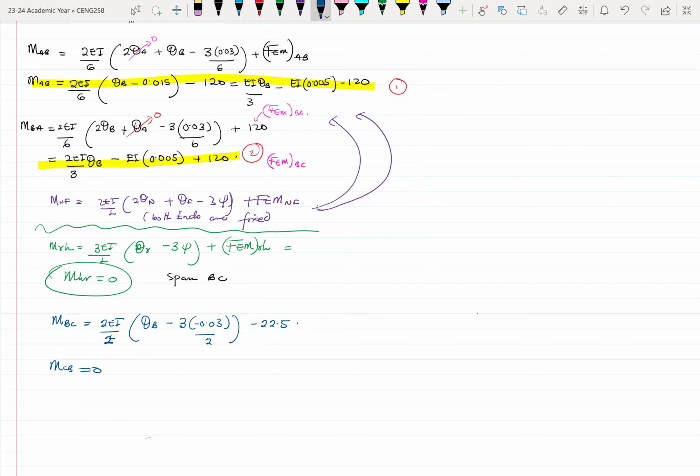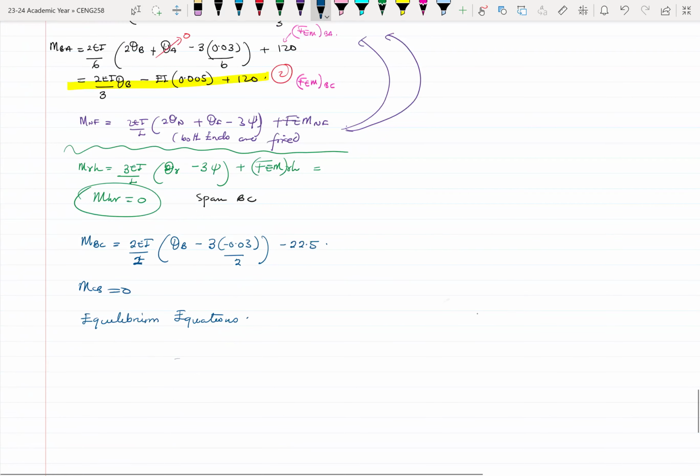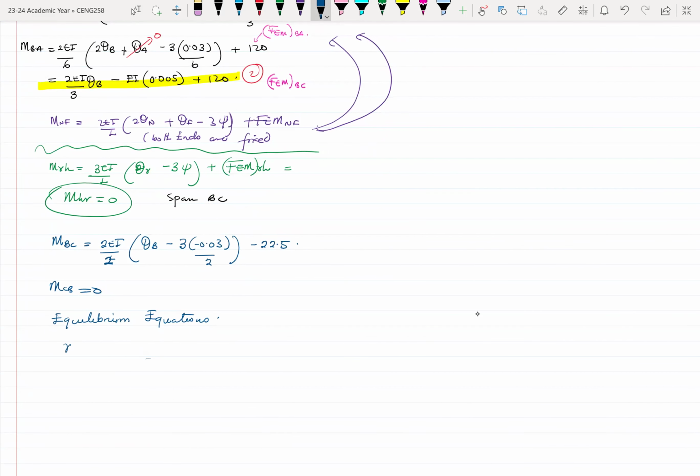Now we need to write our equilibrium equation. So MBA plus MBC equals 0.